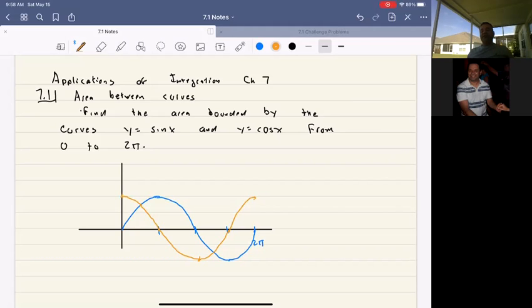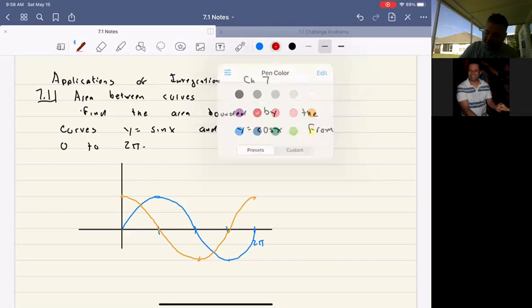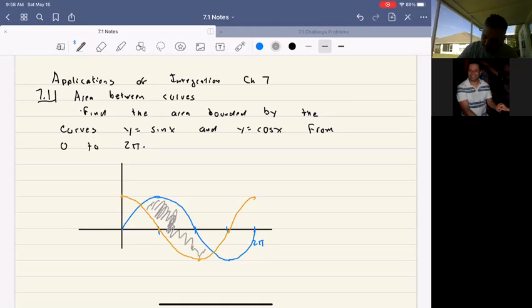Now, what is the region bounded by the curves? Well, the region bounded by the curves is actually this region.